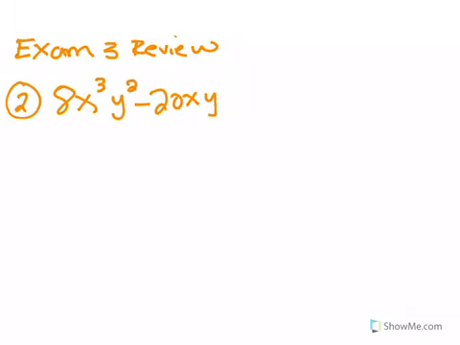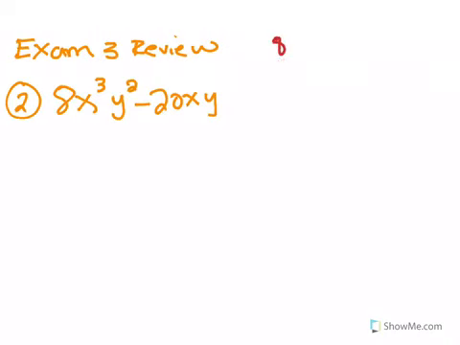Question number 2 says, factor the polynomial using the greatest common factor. If there are no common factors other than 1, and the polynomial cannot be factored, state that the polynomial cannot be factored. So in this case, we're first going to look at the numbers and see if the numbers have something in common.